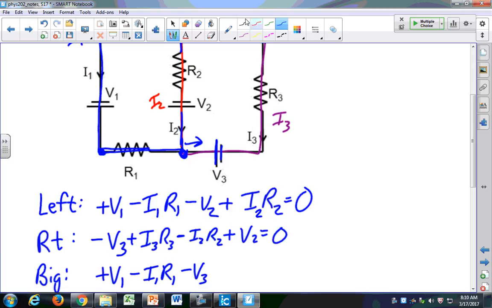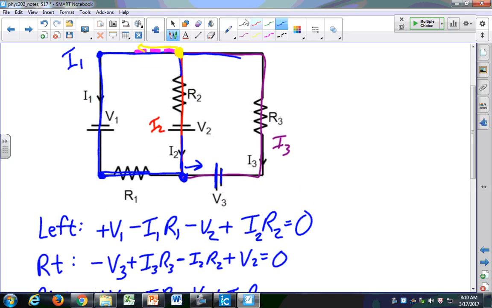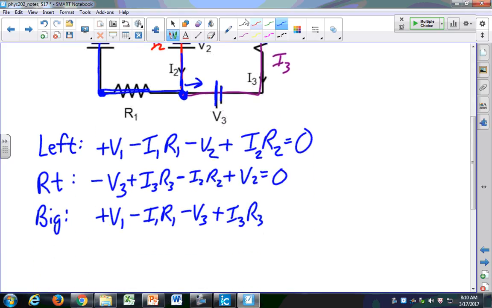When you move from high to low, you lose energy. Plus I3 R3. Positive because I'm going against the current, and the resistor does what it's not really meant to do. And then that's it. I set that all equal to 0.